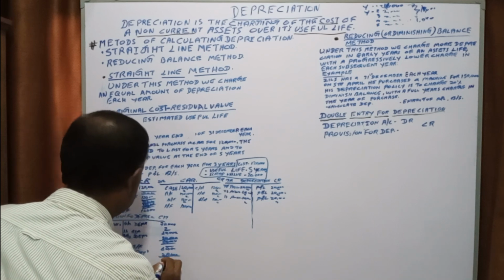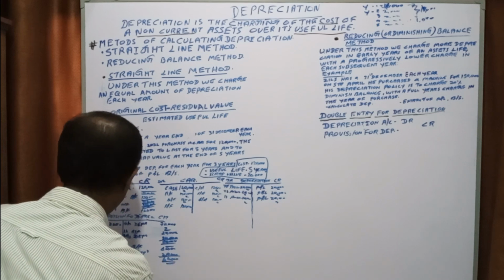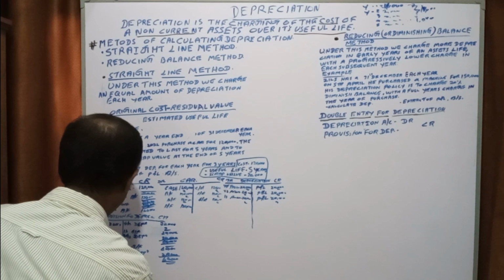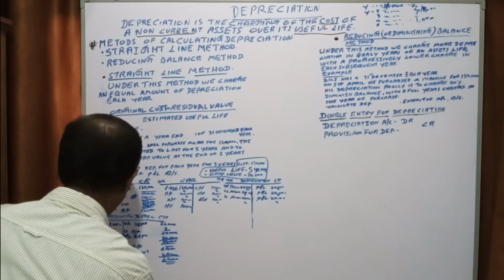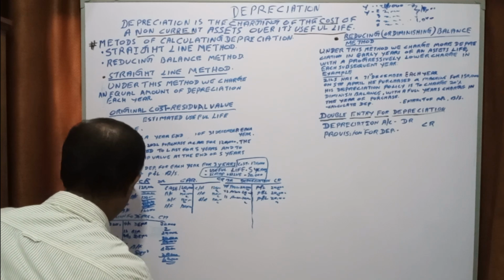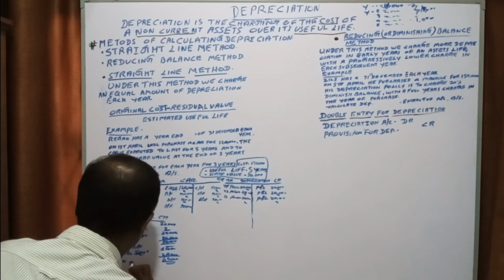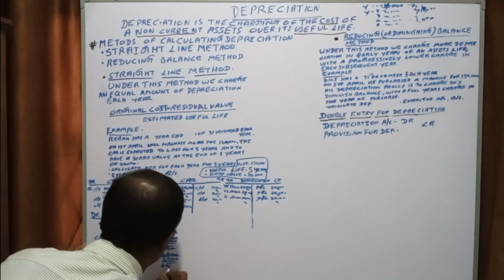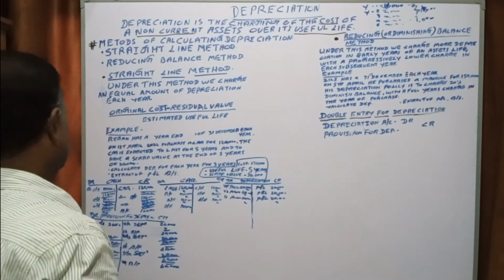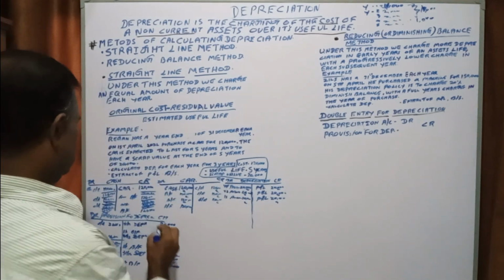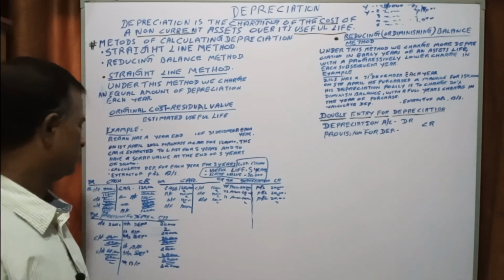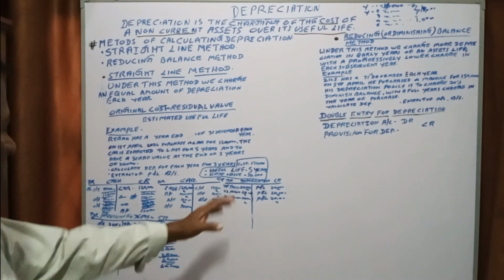Okay, then the charge for the year, carry down balance 60,000. Then fourth year, brought forward 60,000. Okay, this is the provision for depreciation and balance.